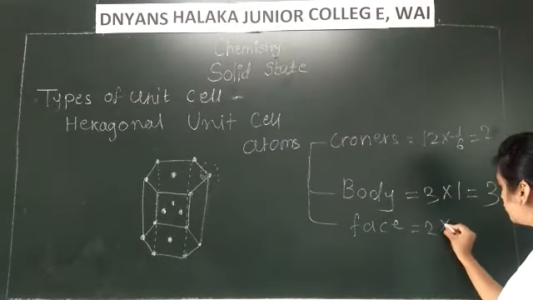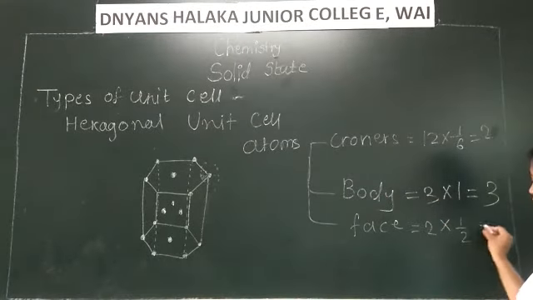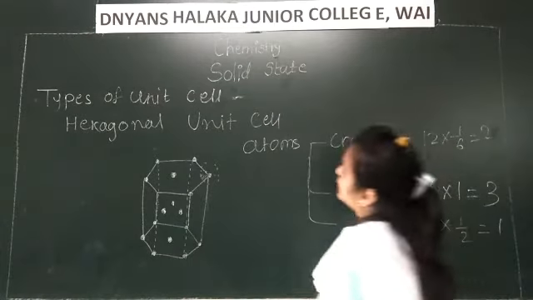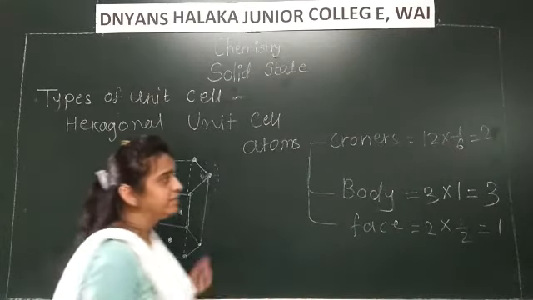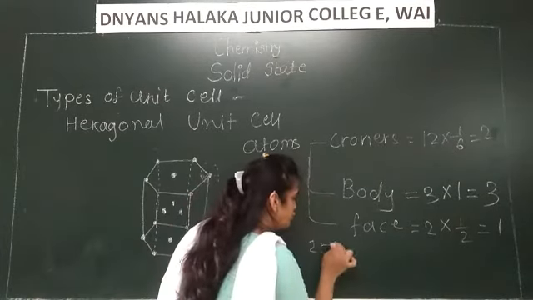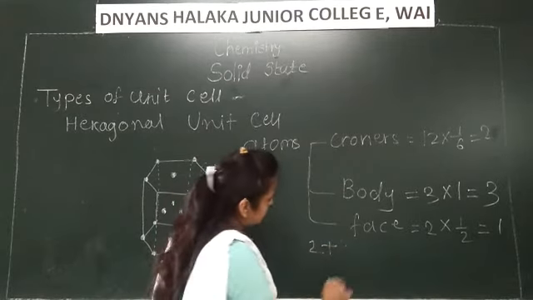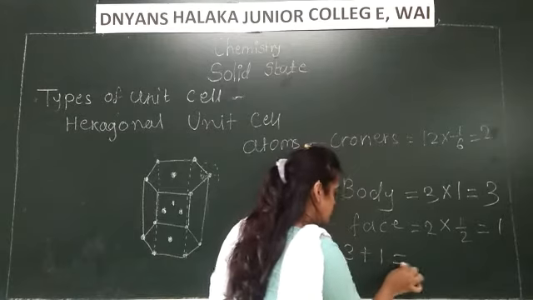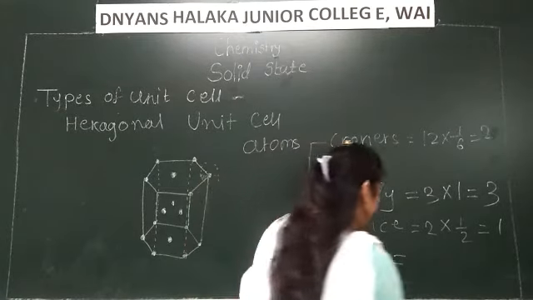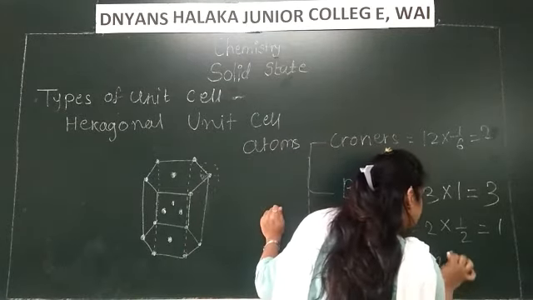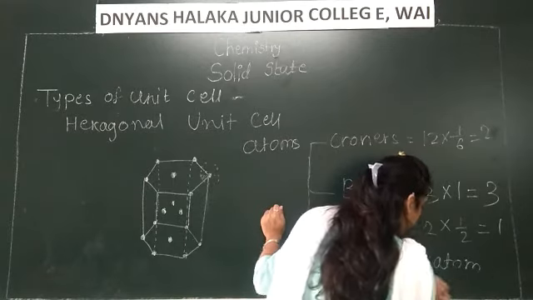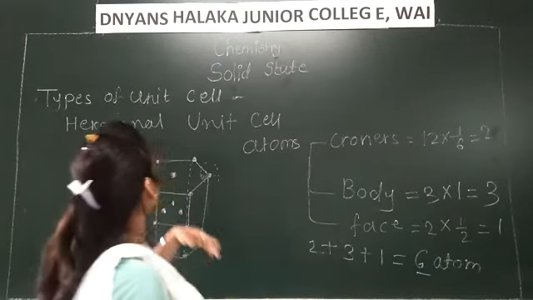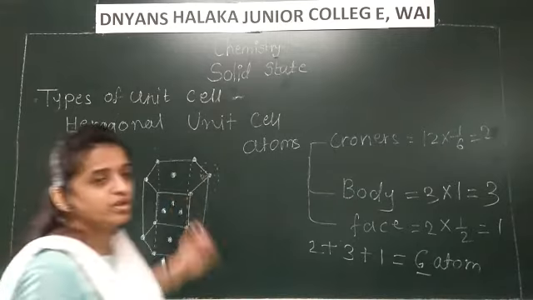Means 2 into half is equal to 1. So total number of particles in unit cell is equal to 2 at the corner, 3 in the body and 1 in face. So 2 plus 3 plus 1 is equal to 6 atoms or 6 particles included in hexagonal unit cell.